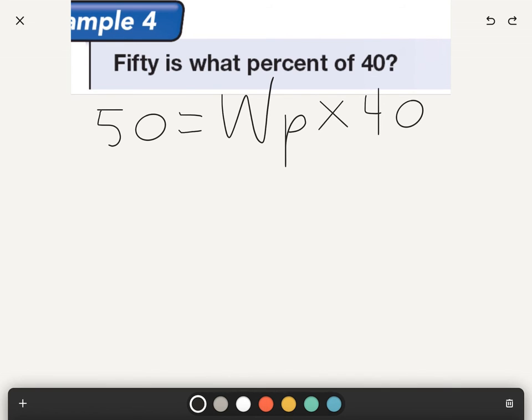By the identity property, yes, you could switch those around, but if we're translating these directly, that's what it would look like. But sure, if you know what you're doing. Alright, so then we just need to divide each side by 40.